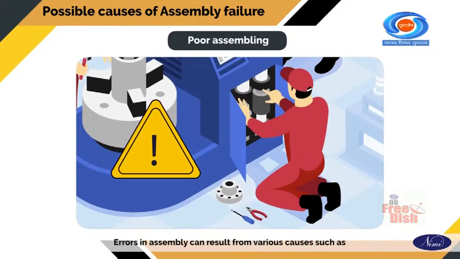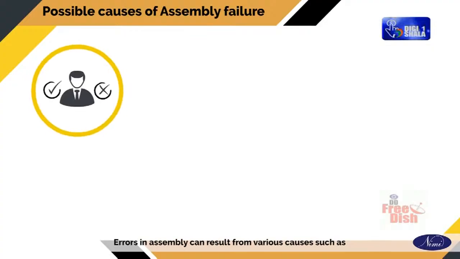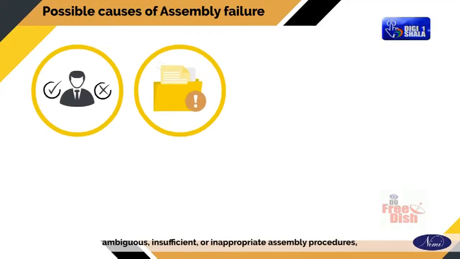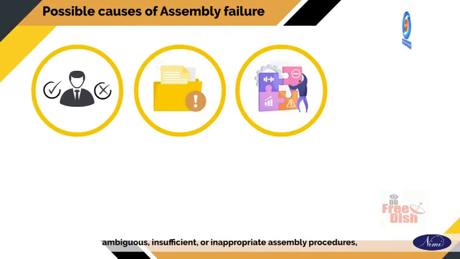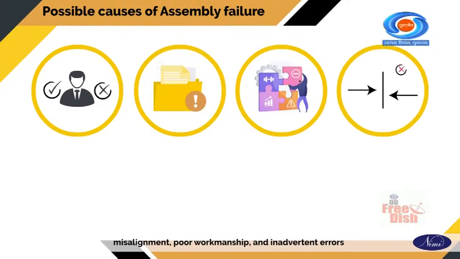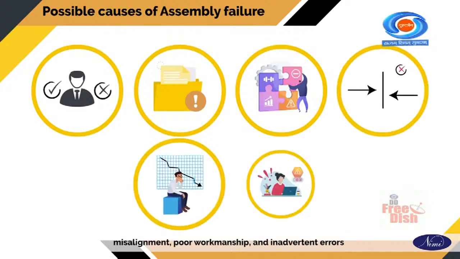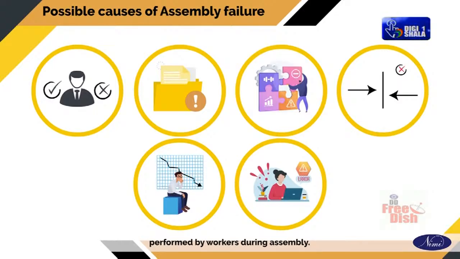Poor assembling. Errors in assembly can result from various causes such as ambiguous, insufficient or inappropriate assembly procedures, misalignment, poor workmanship and inadvertent errors performed by workers during assembly.